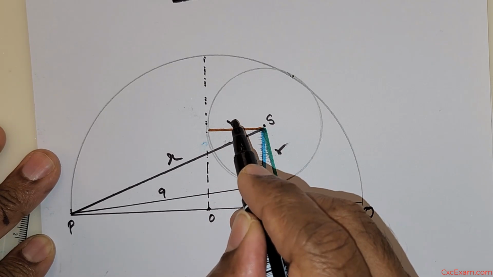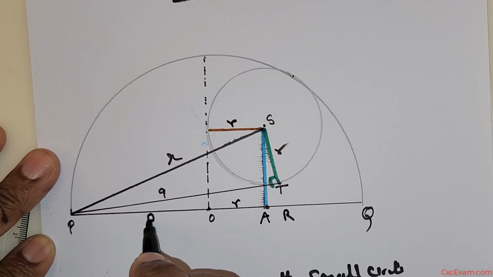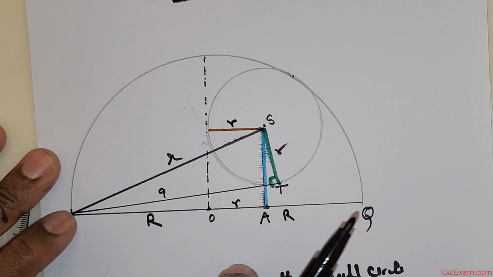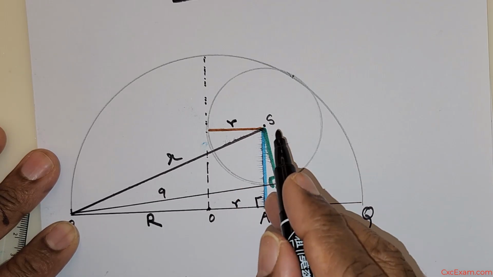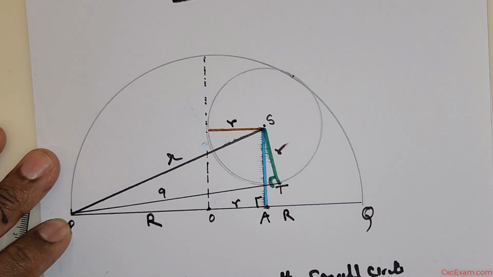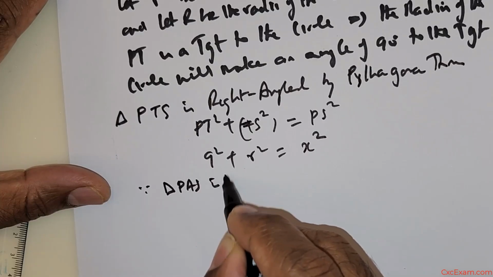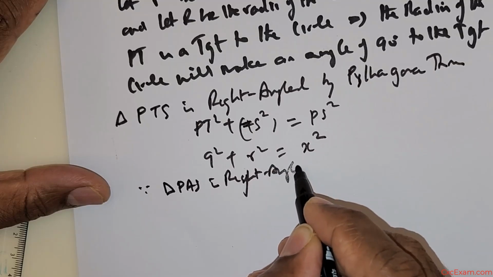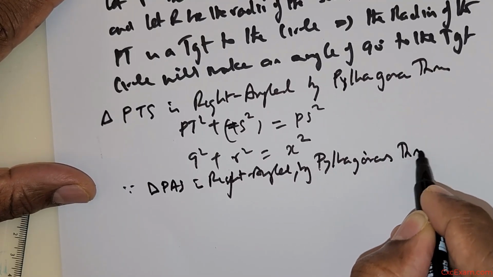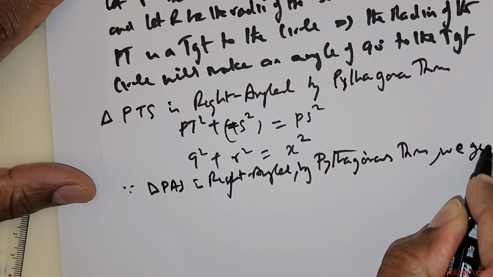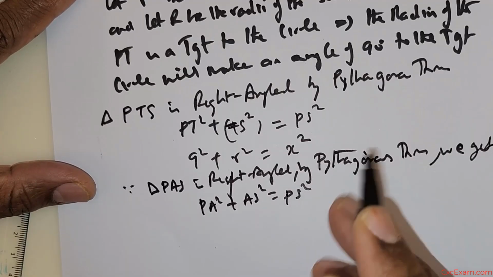So this is clearly r, so this will also be equal to r, and we know this is the radius, so you will have a radius over here also. Now I would like to consider PAS, so this is clearly 90 degrees, and I would consider PAS as a right angle triangle. Since triangle PAS is right angled, by Pythagoras theorem we get PA squared plus AS squared is equal to PS squared.